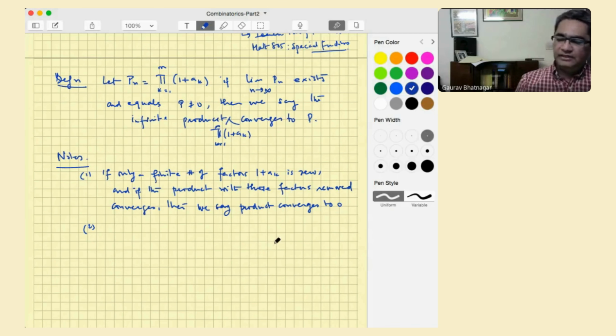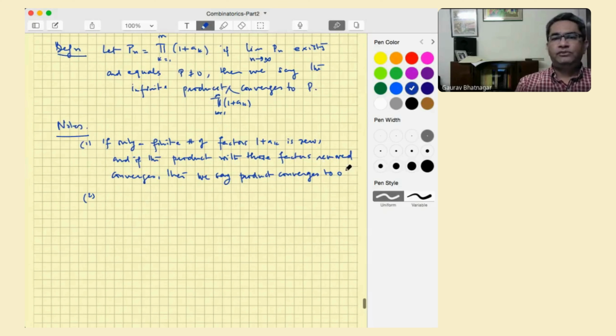So this 0 is a sort of issue. We want some products to be 0, but then what does convergent mean? Whatever the other terms, the answer is 0, right? So let's remove it, start from some point onwards. If the rest converges to something which is non-zero, then we say it converges to 0.